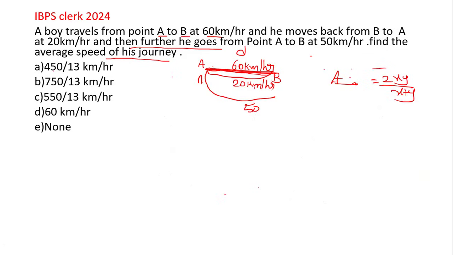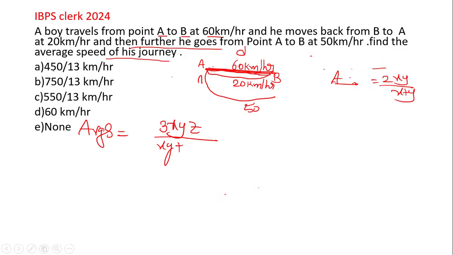But as soon as we get 3 points, even the same question could be asked from A to B, B to C, and then again C to B, or C to D, whatever. So as the distance is the same, the formula will not change. That is 3xyz over xy plus yz plus zx.